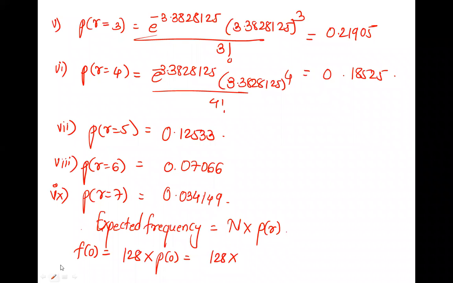0.03395. Can you just check this value? 4.3456. Okay, so I'll write it here. F of 0 is equal to 0.03395 something into 128. 4.3456.